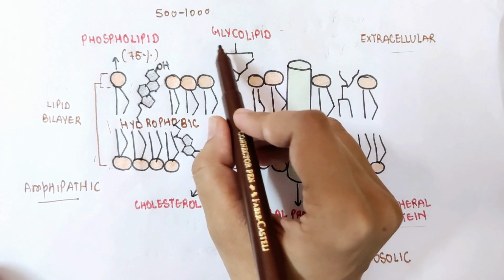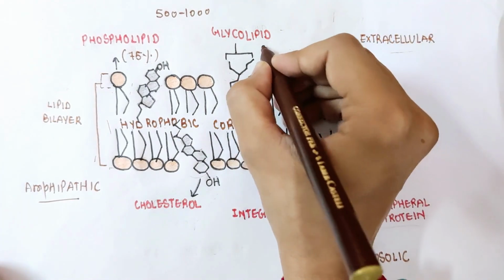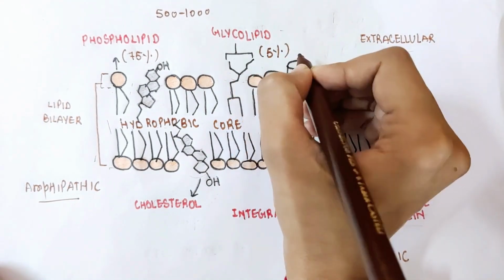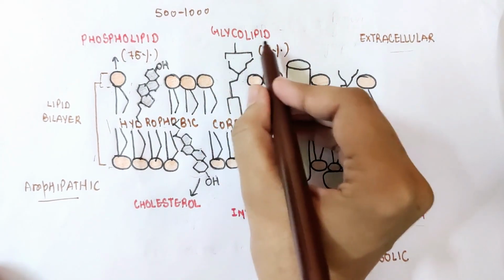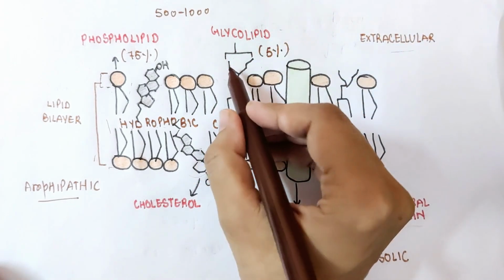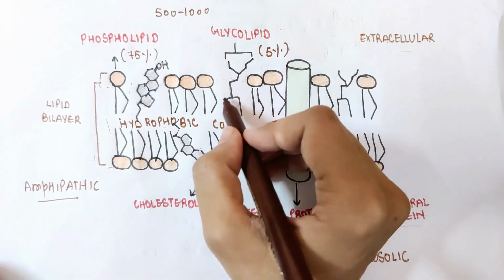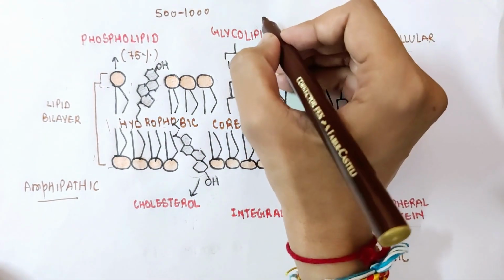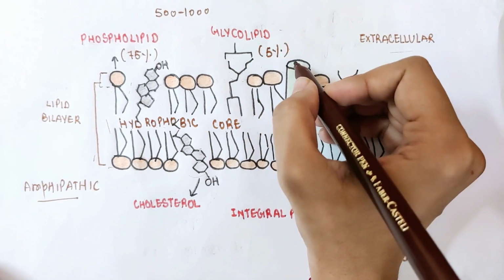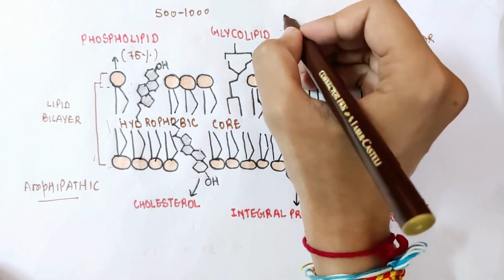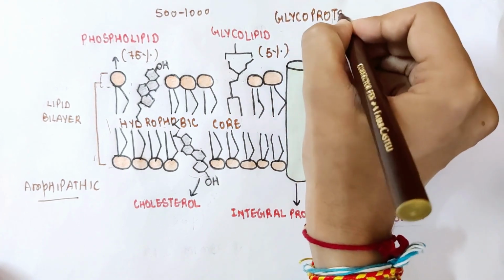Secondly, here you can see another lipid molecule, which is glycolipid, and it constitutes about 5% of total lipids in the cell membrane. Glycolipid means an oligosaccharide chain or a carbohydrate chain attached to a lipid molecule. When this oligosaccharide or any carbohydrate chain is attached to a membrane protein, then we call it a glycoprotein.